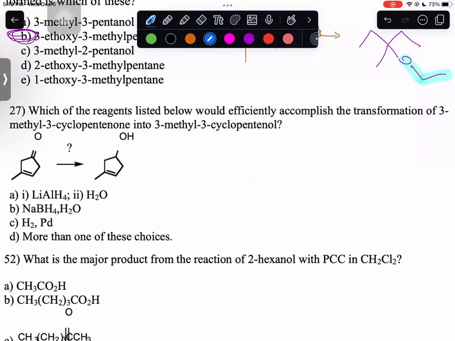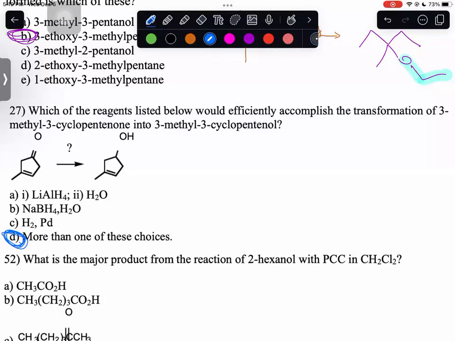It's a little off, but you're starting with a carbonyl, you're ending with an alcohol group. No, no, no, if it was A, go all the way to the front, okay? From the lithium aluminum hydride.